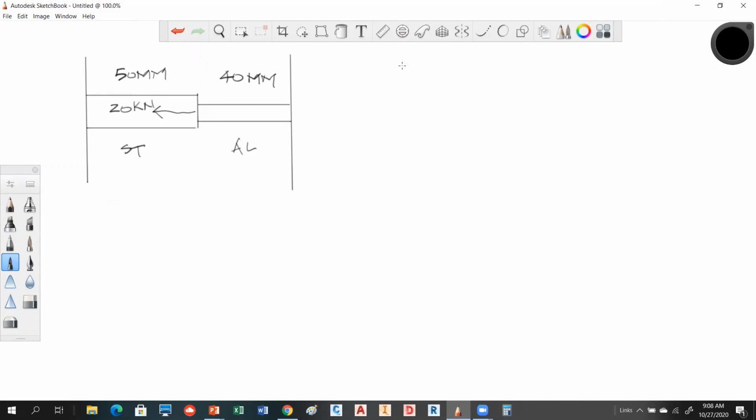Okay, so we have to know a couple other things. For the steel, we know that the area that's just going to be given to us is 800 millimeters squared, and your E is 200,000 megapascals.